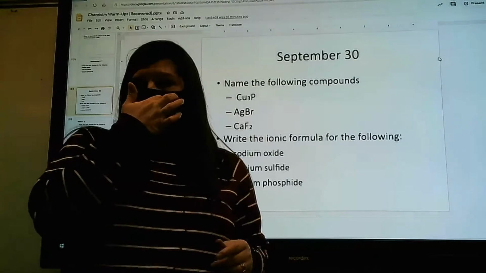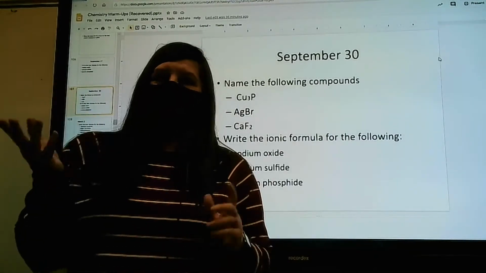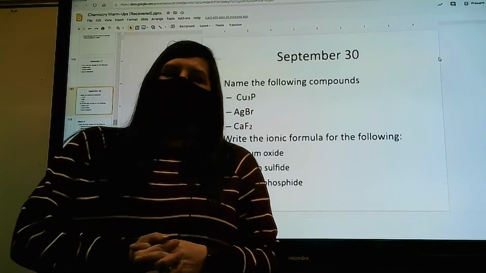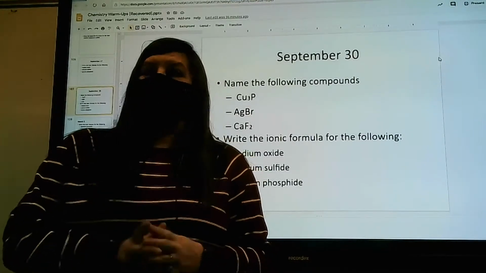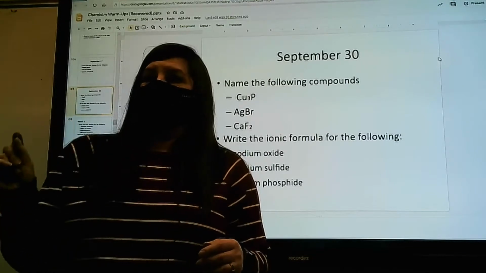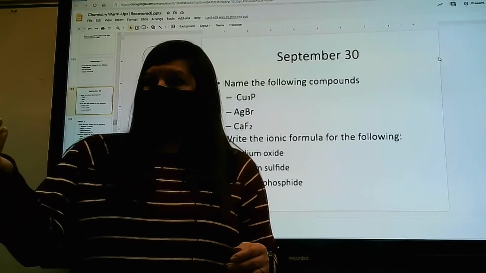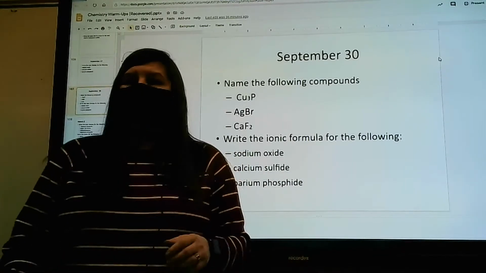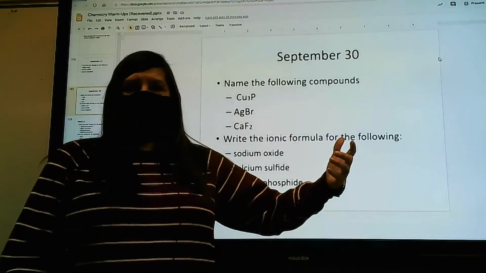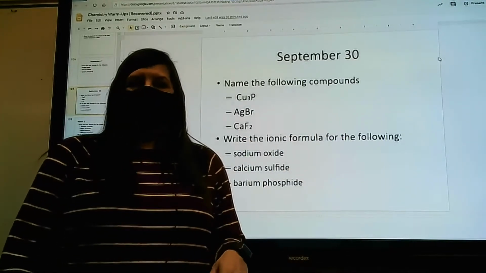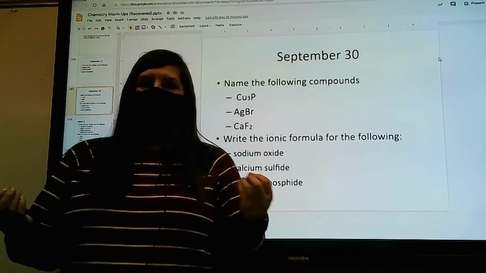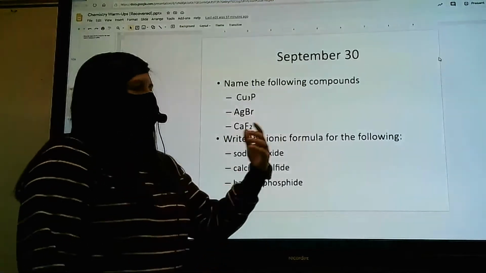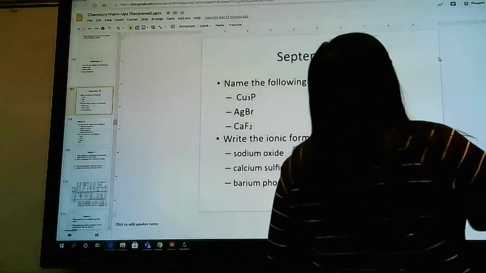And which of those tends to always be the cation? The metal, good. The first one is always going to be the cation, which is always the metal. The anion will always be second in the formula, and that generally is the non-metal. Now today we're going to talk about when it's not a metal or non-metal, it's something called a polyatomic ion. That's the extra piece we're incorporating today.